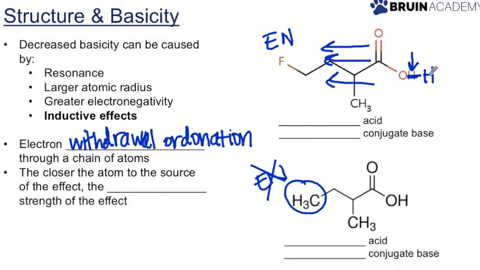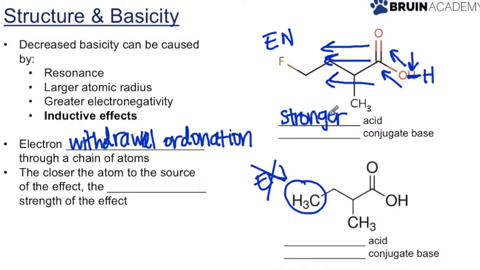Now this hydrogen can't be attached as strongly since these electrons are all moving away towards the fluorine. And so this makes it easier for this hydrogen to be released from the molecule. So when you have a highly electronegative atom, you tend to have a stronger acid because this hydrogen is really easily released.